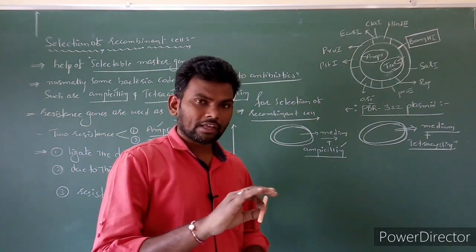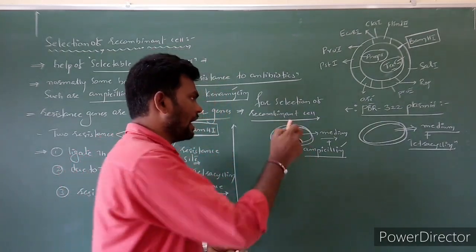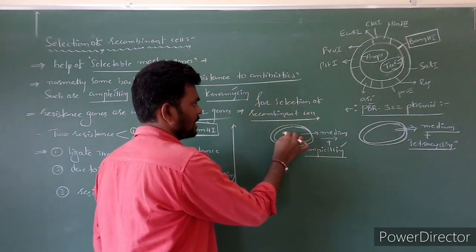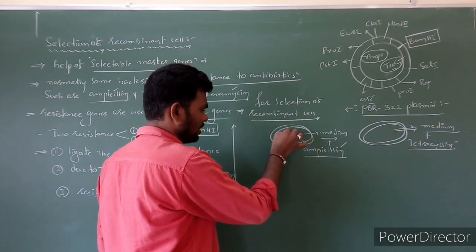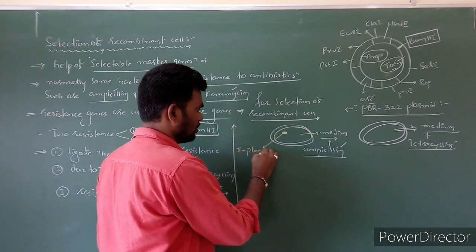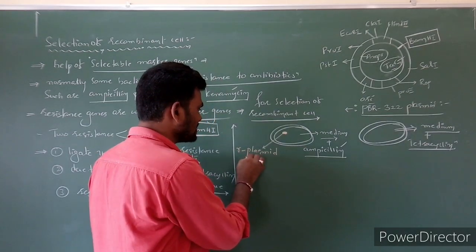Now, the recombinant plasmid containing E. coli bacteria, first we add on the ampicillin medium. This red mark is a recombinant plasmid containing E. coli cell.